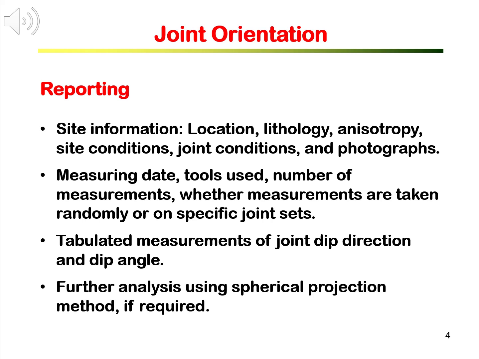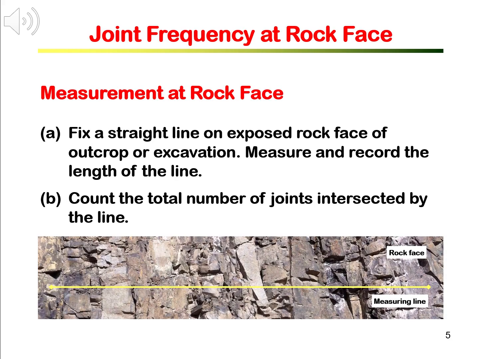C. Tabulated measurements of joint dip direction and dip angle. And D. Further analysis using spherical projection method if required. We will learn about hemispherical projection method in the next session.